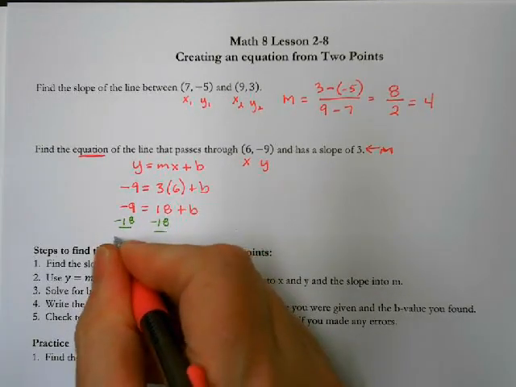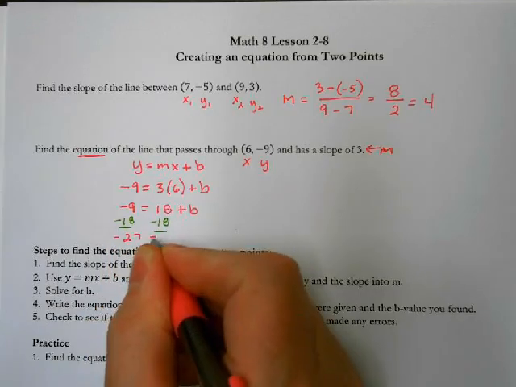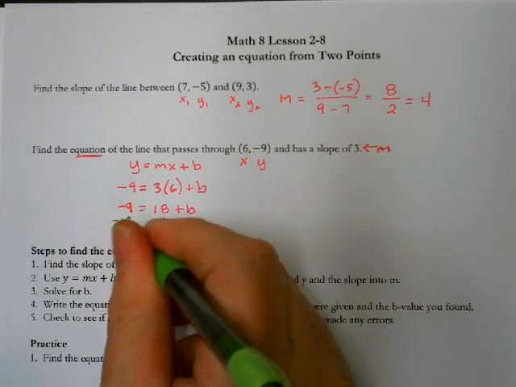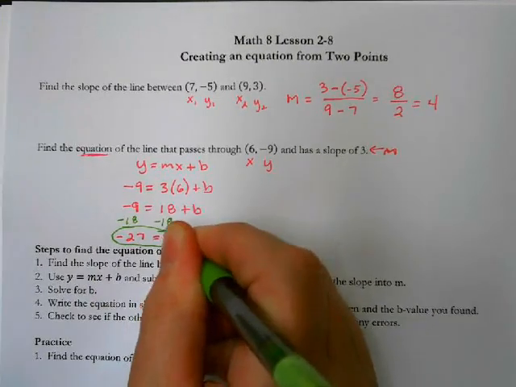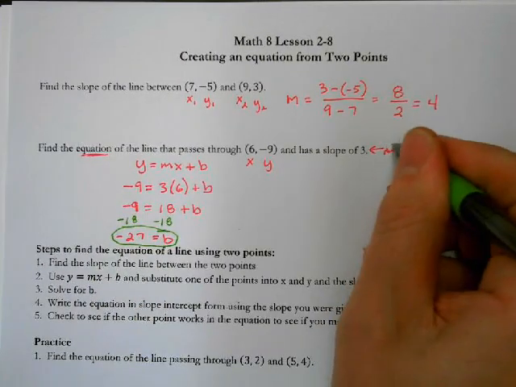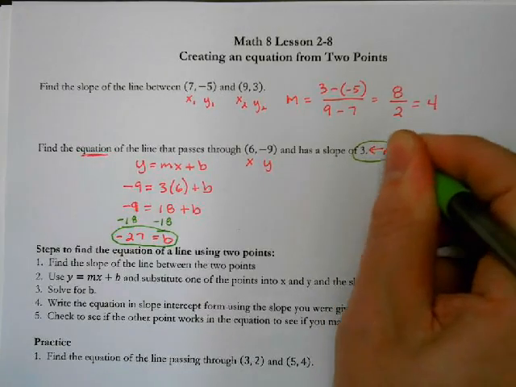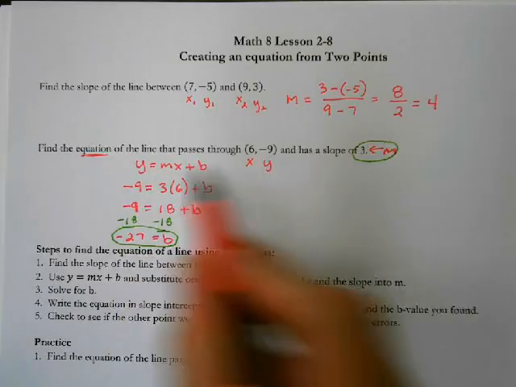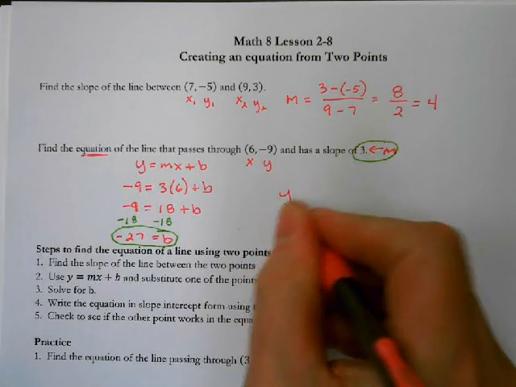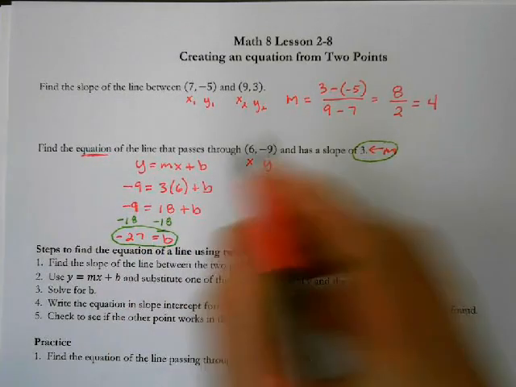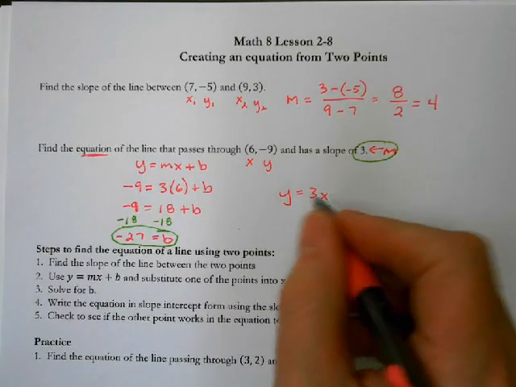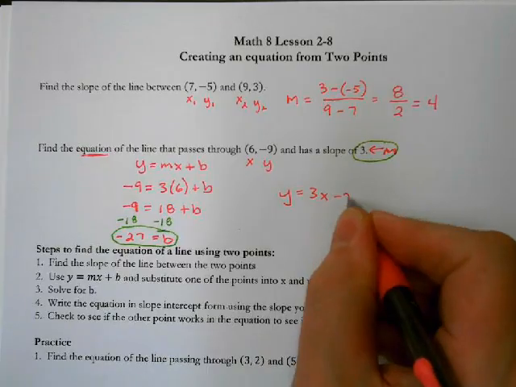So we've got -27 equals b. Okay, I now know that b is -27. At the beginning of the problem, we knew that the slope was 3. So now I can write the equation. y equals m, that was 3, x plus b, and b is -27, so I'm going to write y equals 3x minus 27.